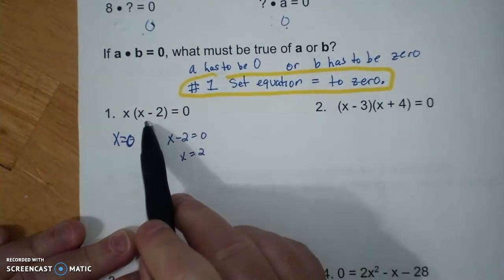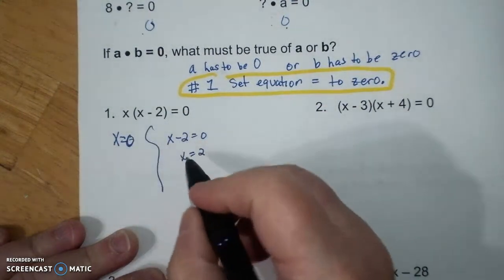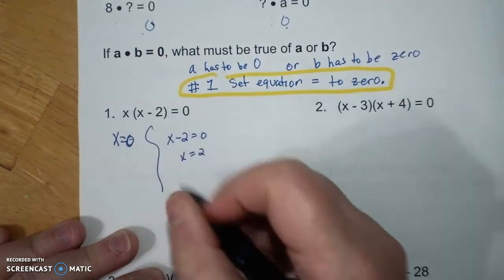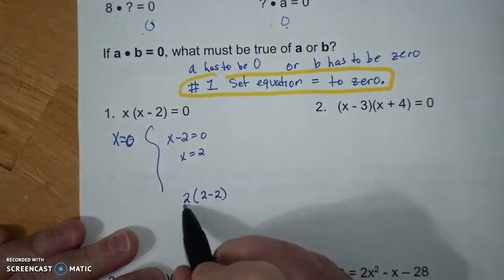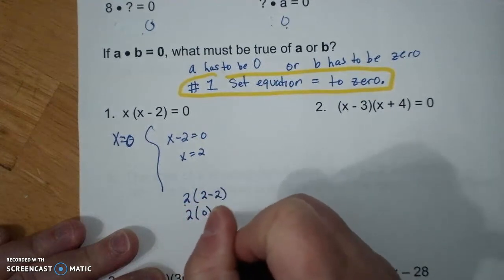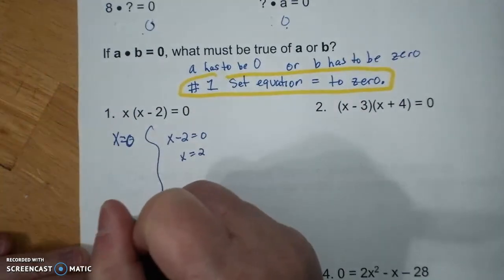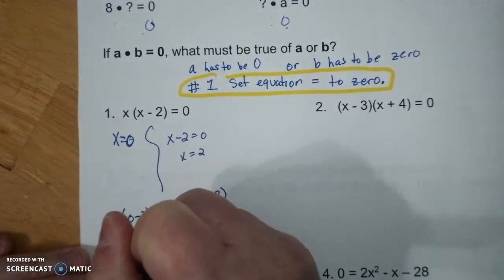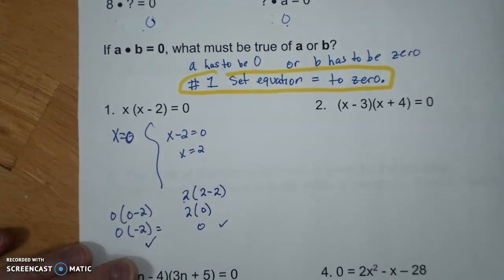If I plug in a 2, it would be 2 times 2 minus 2, and 2 times 0 is 0. That checked out. If I plugged in a 0, it would be 0 times negative 2, and that checks out because that'll be 0.